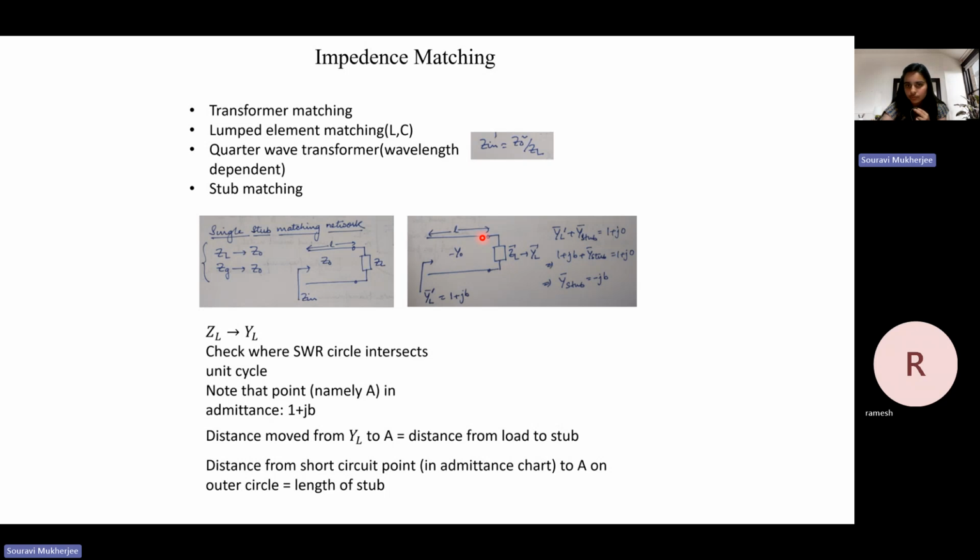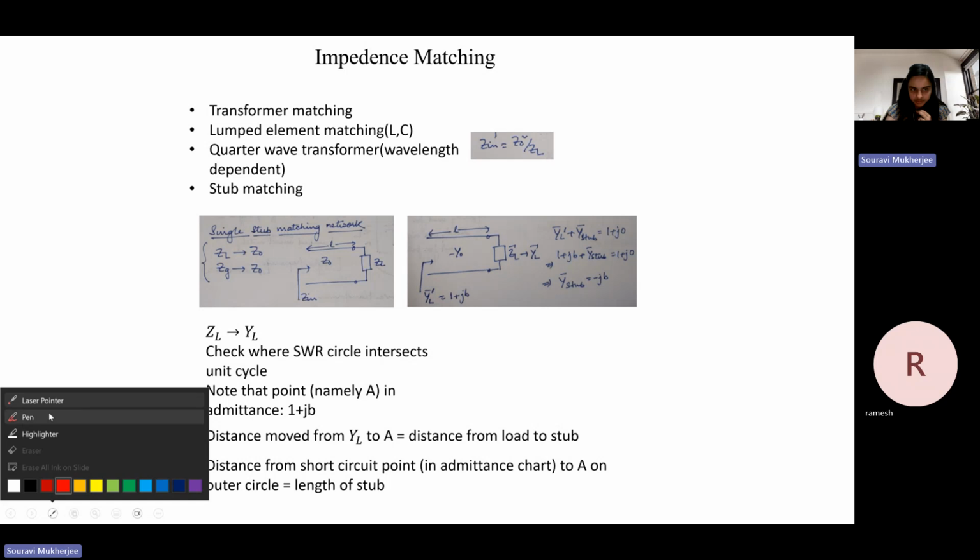Now, because you want to match the impedance, once you have added the stub, you know how far from the load you are adding it. But what should be the length of the stub? How do we find that? Whatever we add here, you are adding something in parallel.